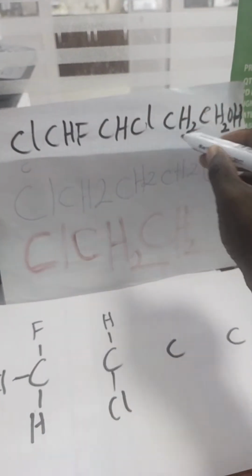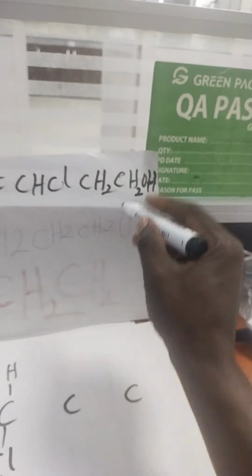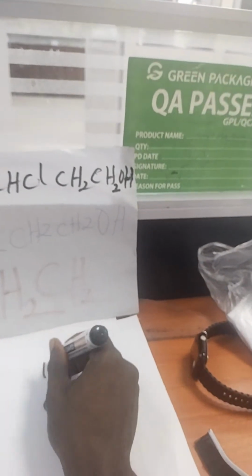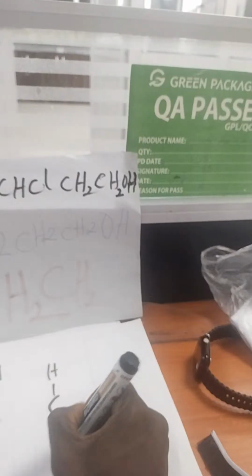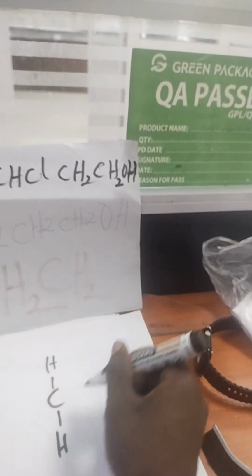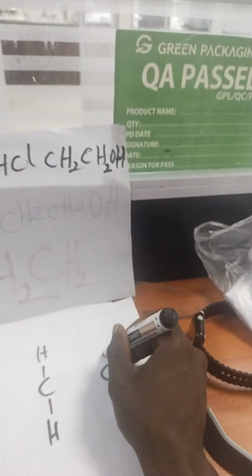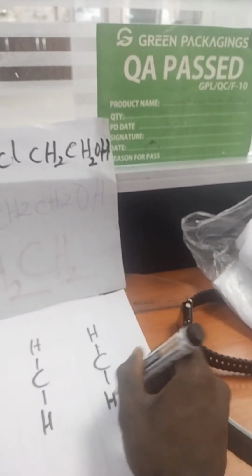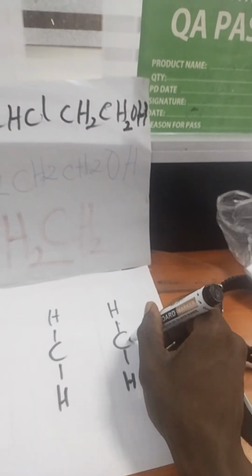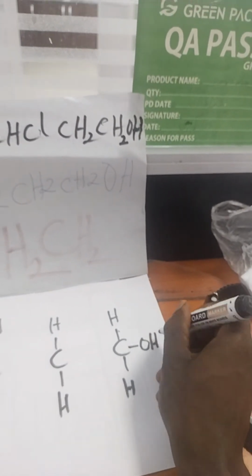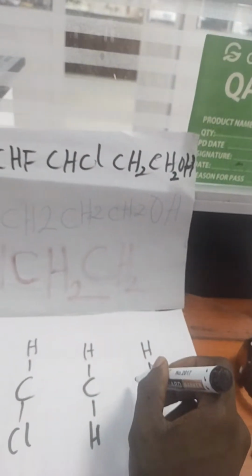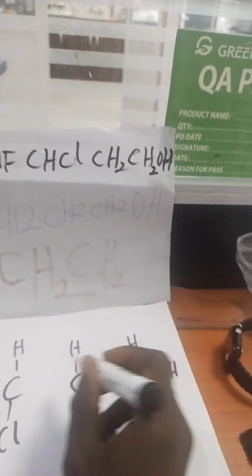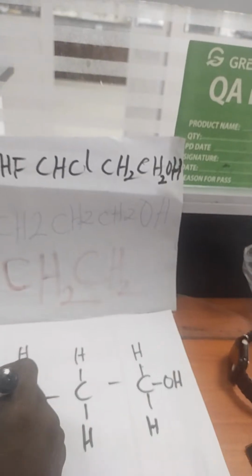I'm writing H and I'm having Cl. We are done with this one. Now we are moving over to this one. Don't get confused. So we have H, we have also H, and you are left with this last compound. You have H and you have H, okay, and attach your OH. At this point in time, you can fix in the middle bond. Okay, that means it's going to be single bond, and single bond.